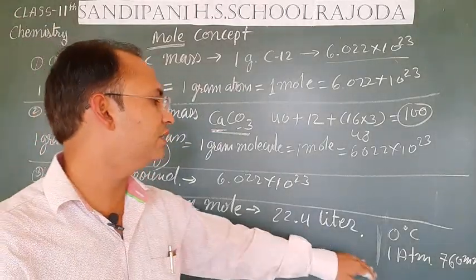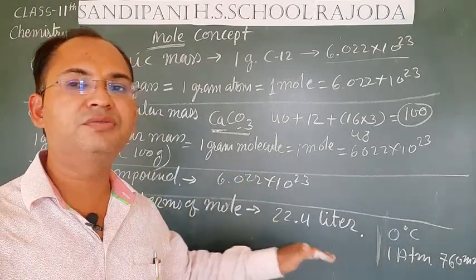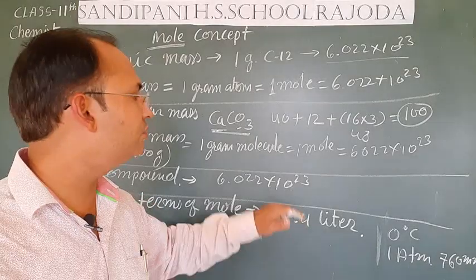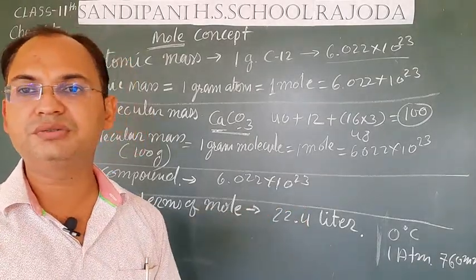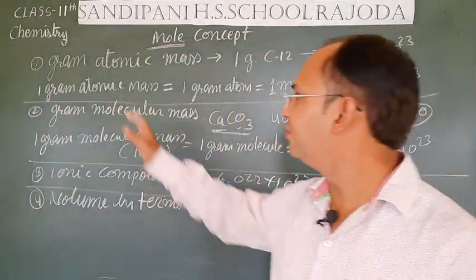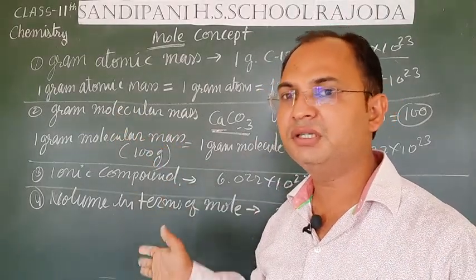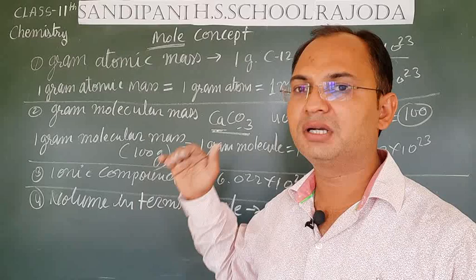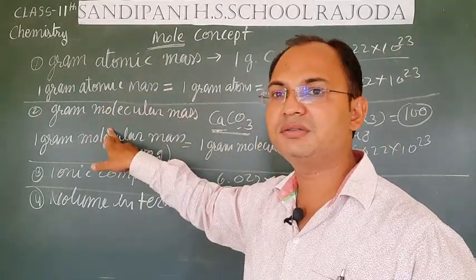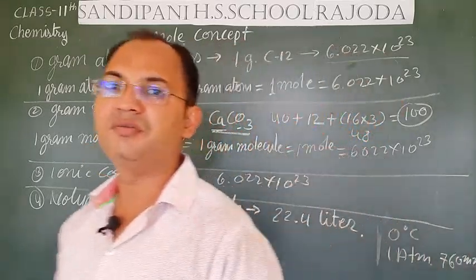At this pressure and temperature, any substance whose volume is equal to 22.4 liter will contain the number of particles equal to 1 mole, or 6.022 into 10 to the power 23. So students, these are the 4 quantitative relationships in terms of the mole: gram atomic mass, gram molecular mass, ionic concept, and then volume.